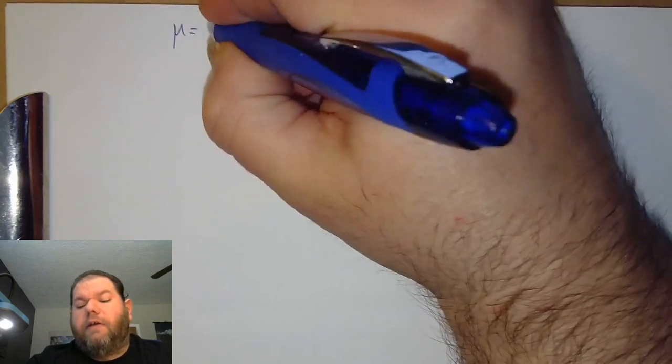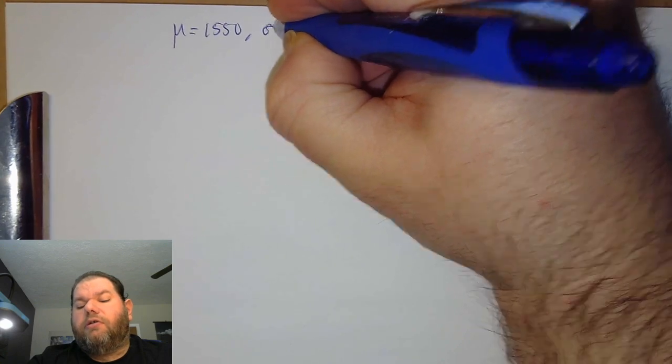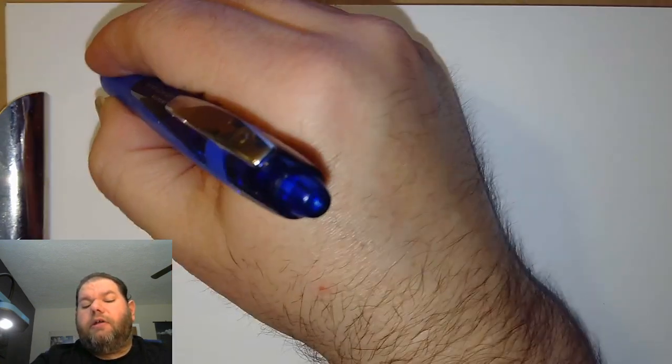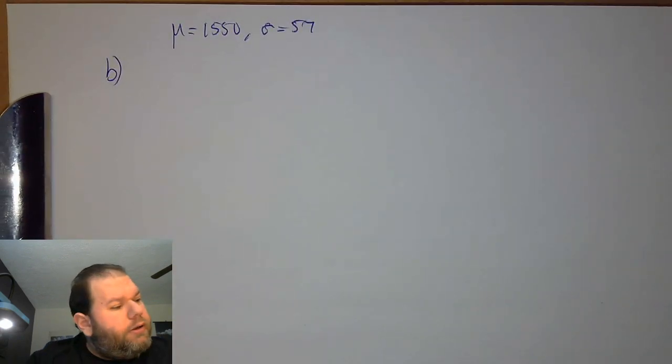Mean is 1550 and standard deviation was 57 hours. So part B, what proportion of the light bulbs will last more than 1,650 hours?